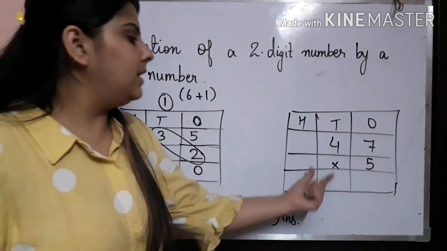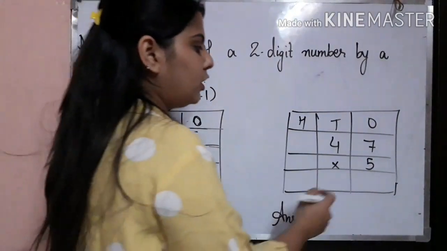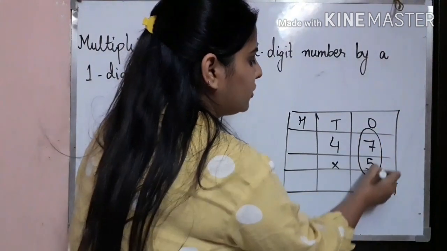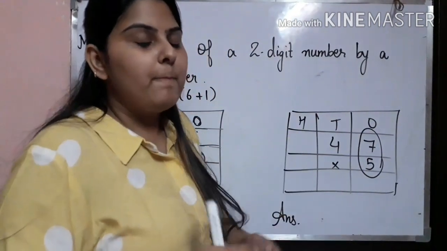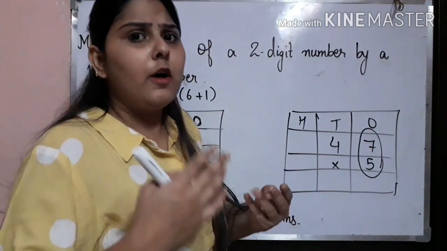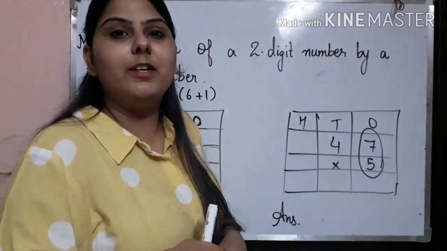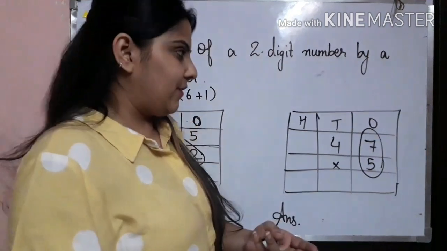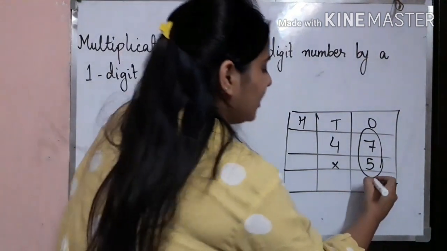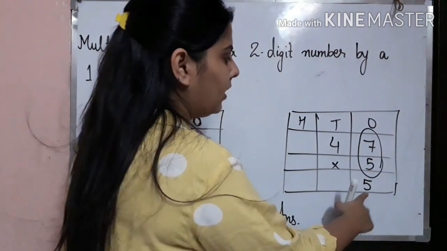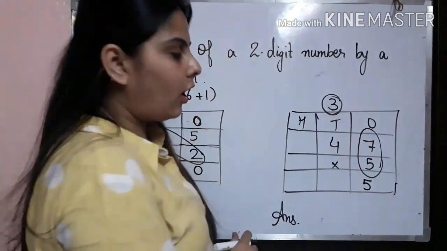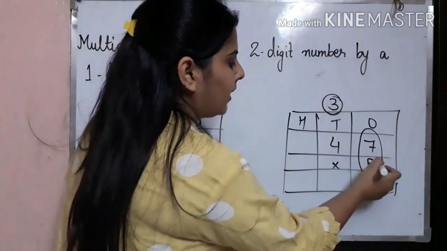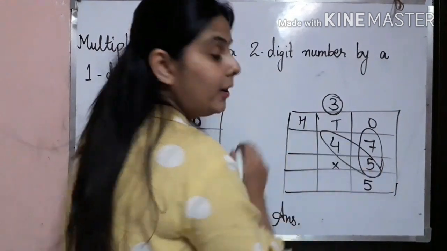Now let us see this example. So what you need to do is 5 into 7 is the first step. So read the table of 5. 5 ones are 5, 5 twos are 10, and similarly 5 sevens are 35. Very good. So write 5 in the ones column and give 3 as carryover to the tens column. Now it is the time to multiply 5 with 4.